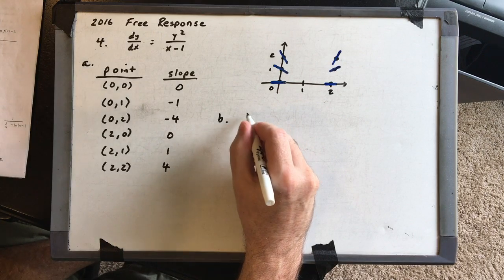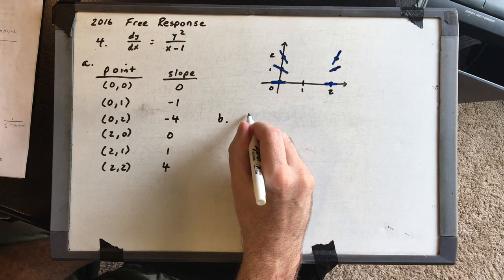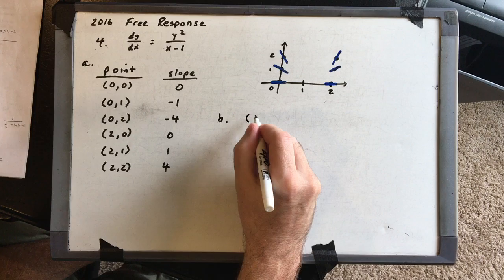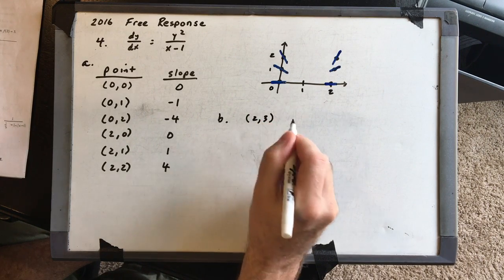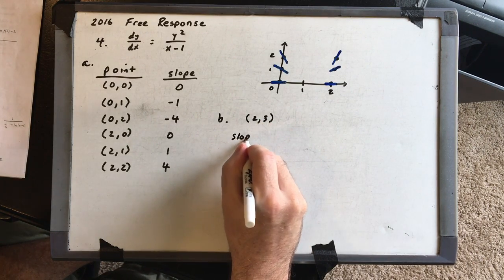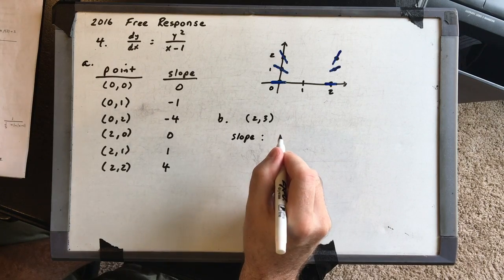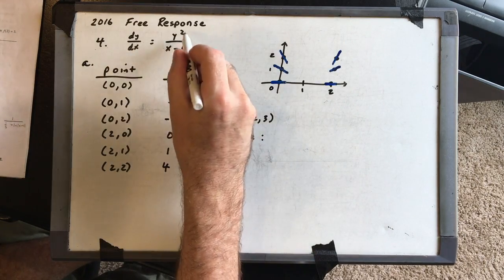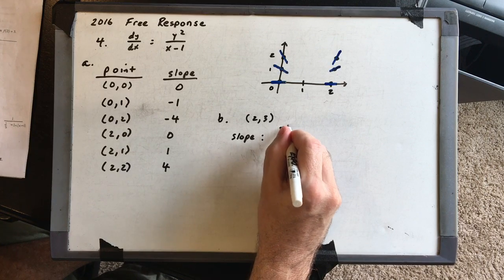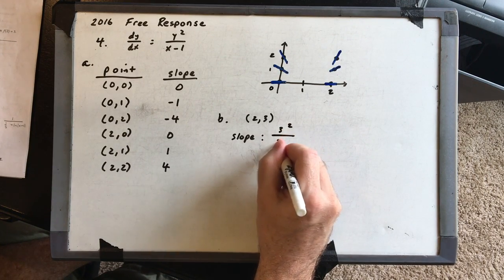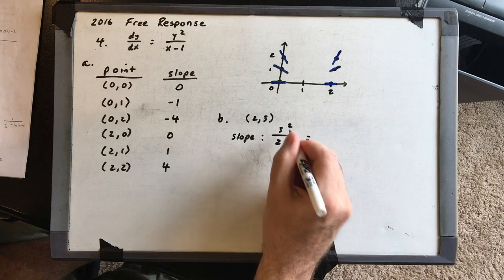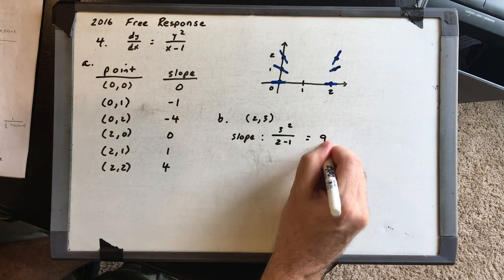Okay, so our point that we're worried about is 2, 3. So the slope at 2, 3, we're going to use the dy/dx formula, so it's going to be 3 squared over 2 minus 1. So that's 9 over 1, which is 9.